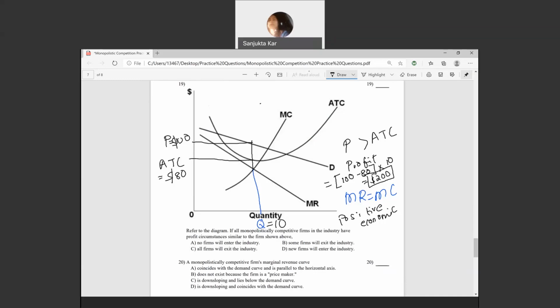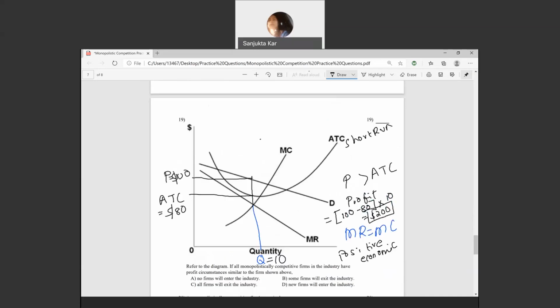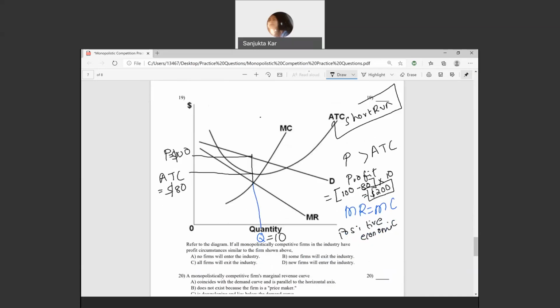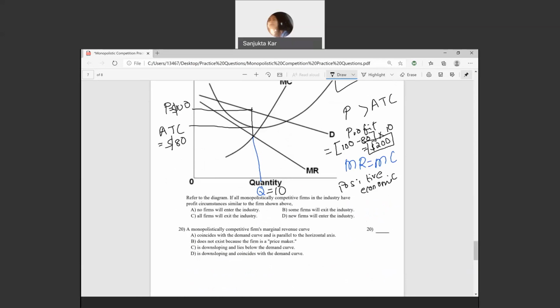This is a short run scenario, and if we have a profit, more firms are going to enter this industry, just like in a perfectly competitive market structure. Okay. Now question number 20: a monopolistically competitive firm's marginal revenue curve is below the demand curve and is also definitely downward sloping.